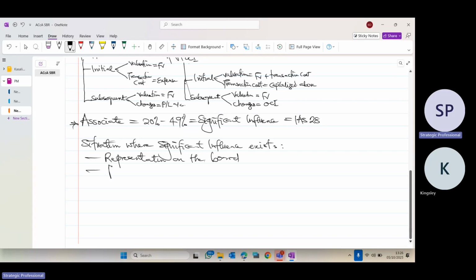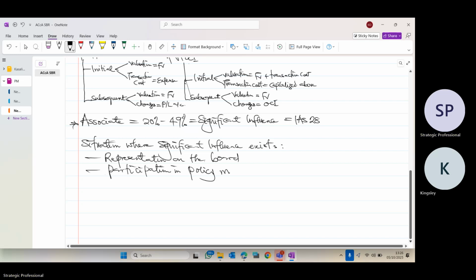Then the ability to participate in policy making. It will also have material transactions.